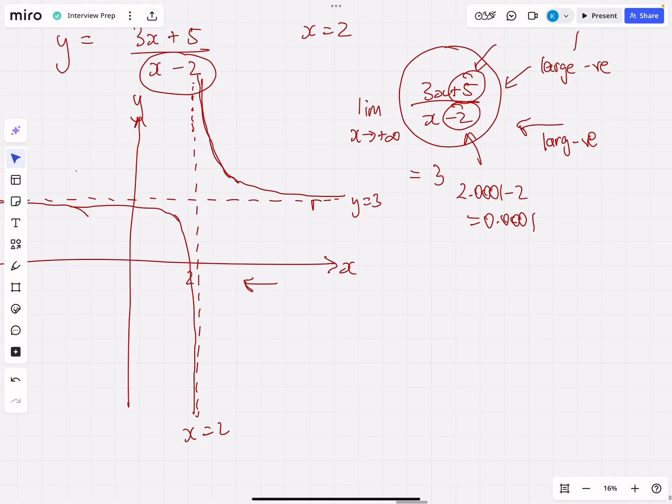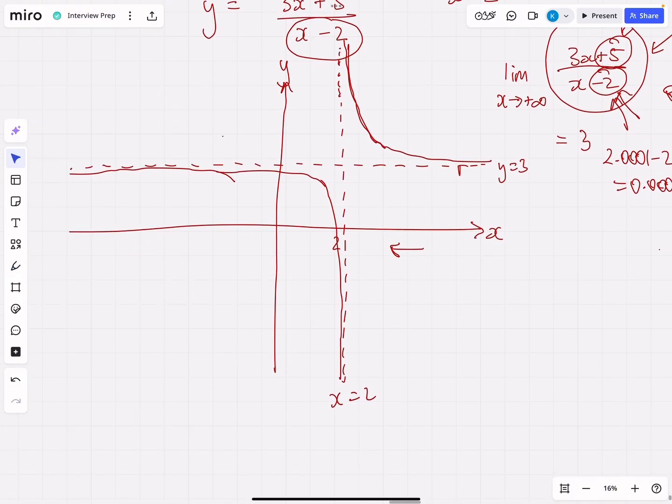Why? Well, because when x is near 2 but from the left-hand side, this denominator is going to be negative. And so we're going to be dividing by a really, really small negative number. Apologies for the coughing. And so our quotient is going to tend to negative infinity. And that's why the graph looks like that.